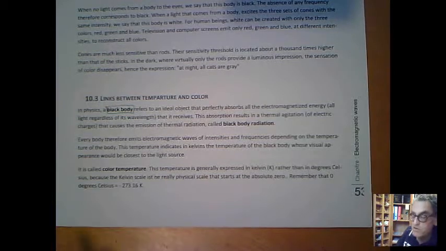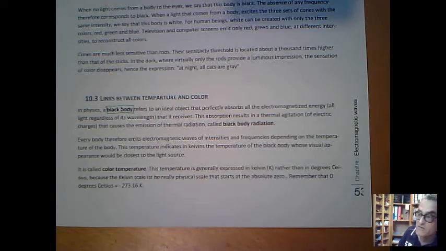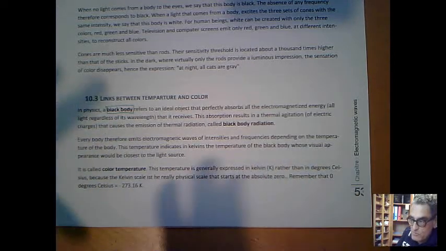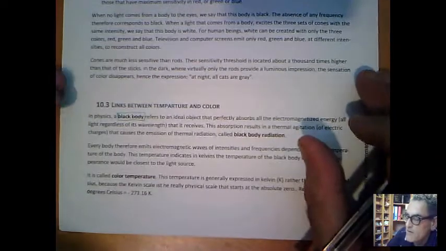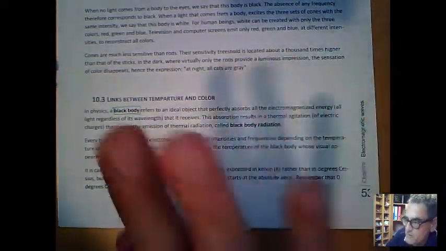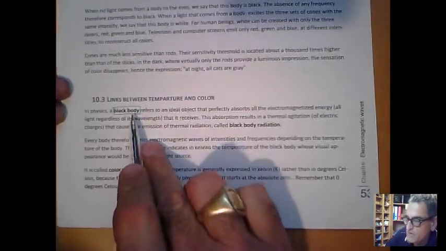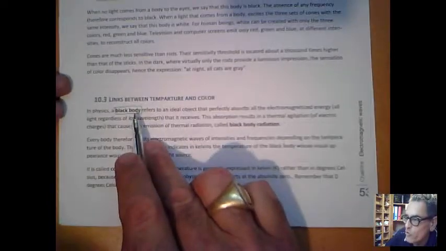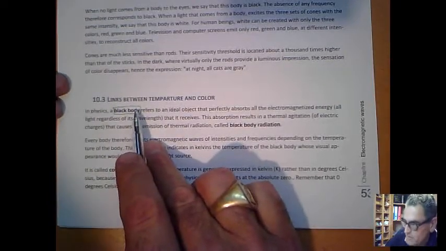Okay, so a black body at a temperature of 6,000 degrees is typically the sun. Okay, the sun at 6,000 degrees has a certain color which is around white yellow. And from here comes the notion of temperature of color. The temperature of color is the temperature of a black body who emits that color.